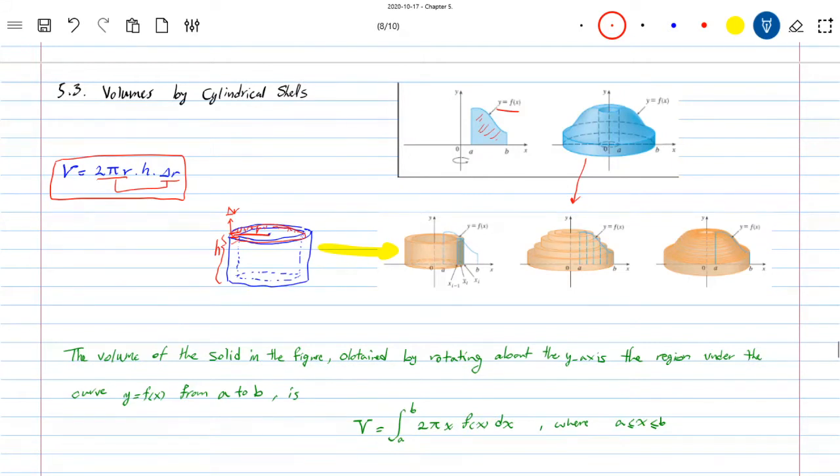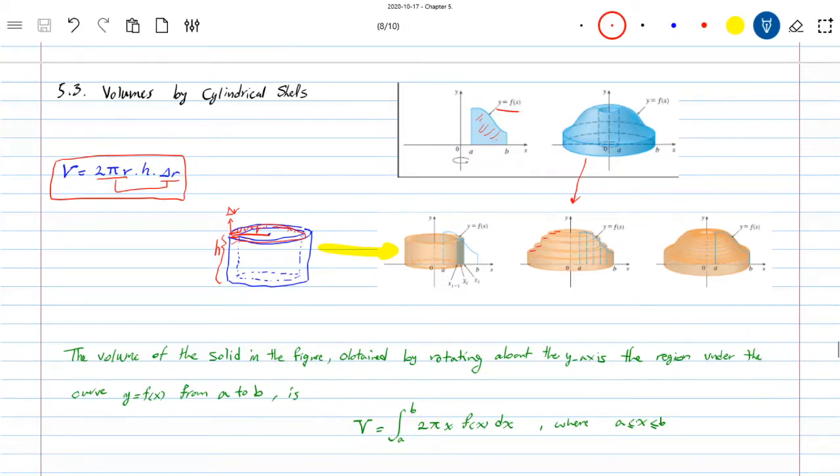If you break it into, let's say, 5 pieces, each piece will be a cylinder, and you approximate the volume of each of these cylinders and add up these volumes, that would be an approximation. The more pieces that you add on, the higher the approximation becomes. That's the same idea that we started for the area and then the volume, and now we're going to discuss the cylindrical volume.